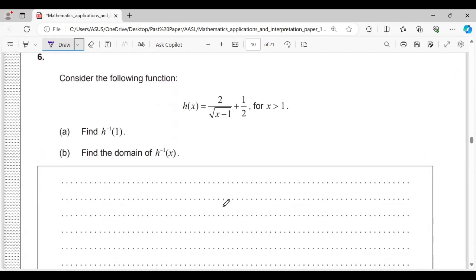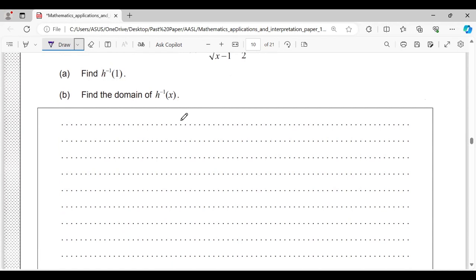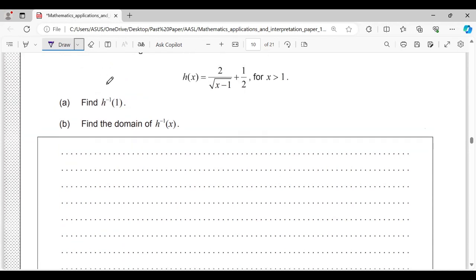Number 6, consider the following function: h(x) equals 2 over square root of (x minus 1) plus half. Find the inverse of h(x), where x is greater than 1.